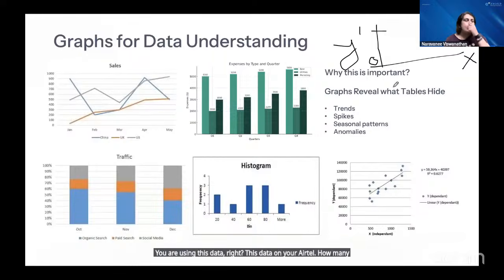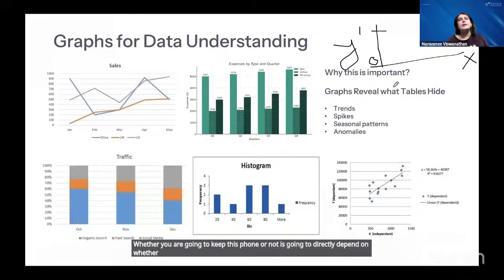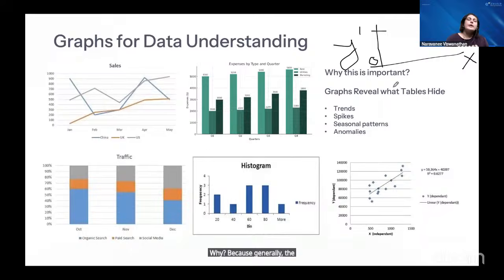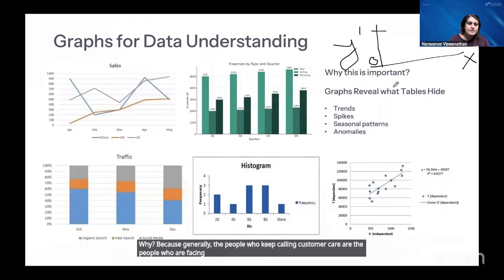Whether you are going to keep this phone or not depends directly on how many times you are calling your customer care. Why? Because generally the people who keep calling customer care are the people who are facing difficulties, correct?